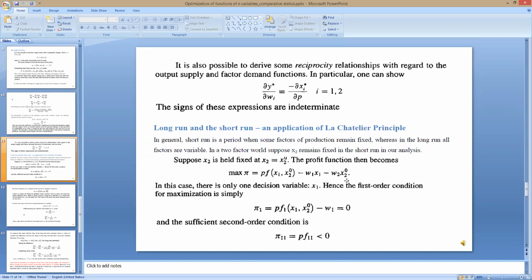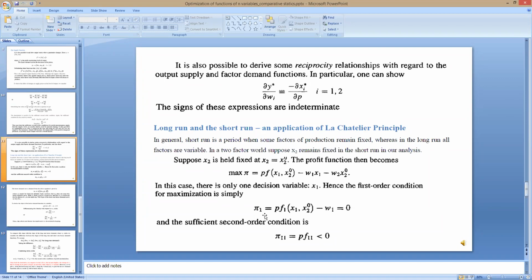If you look at the cost function, this W1 X1 is the variable cost, whereas W2 X2 naught is the fixed cost because X2 naught is constant here. So the cost function consists of the fixed cost as well as the variable cost. In the next step, we will go for a similar kind of exercise. In the standard practice, to maximize profit, we will consider del pi by del x1.